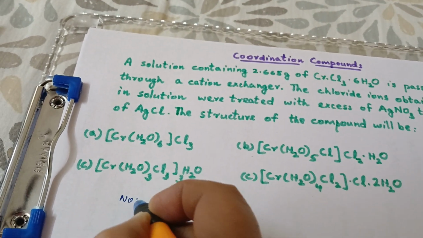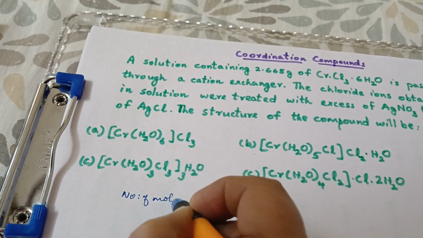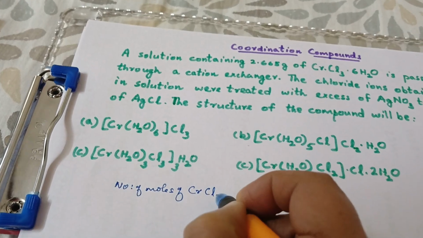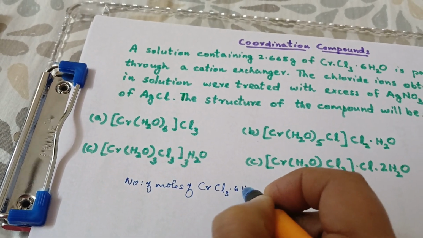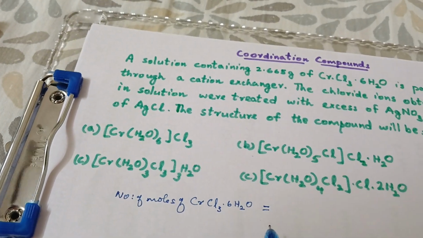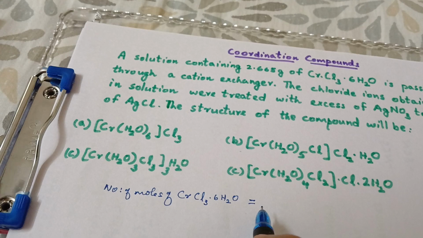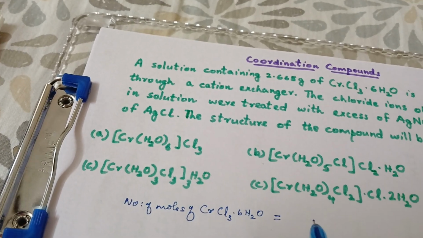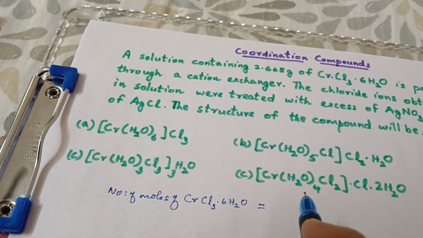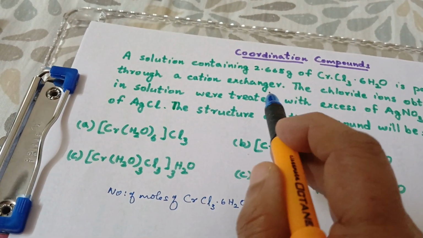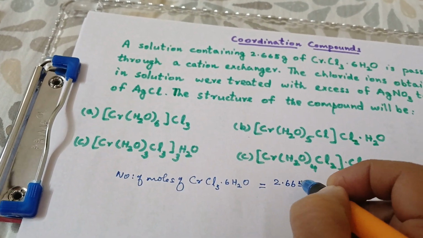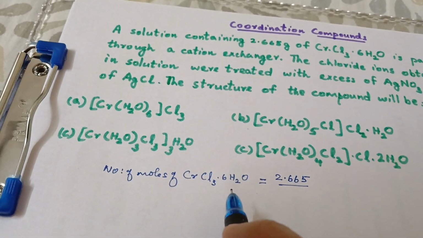We can find that by dividing the weight in grams given by the molar mass of CrCl3.6H2O. Weight in grams is 2.665 divided by molar mass of CrCl3.6H2O.